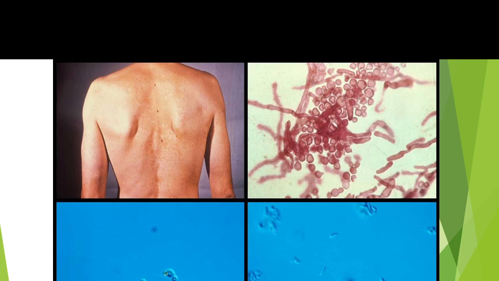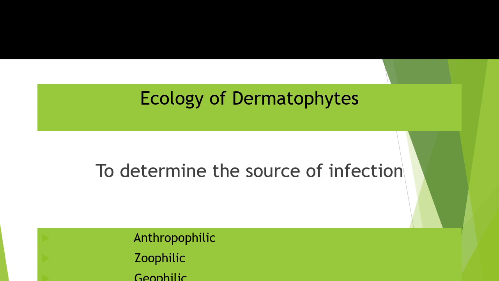Ecology of dermatophytes: usually they are obtained from one of the three sources we mentioned before, from human to human, animal to human, or environment to human: anthropophilic, zoophilic, and geophilic.